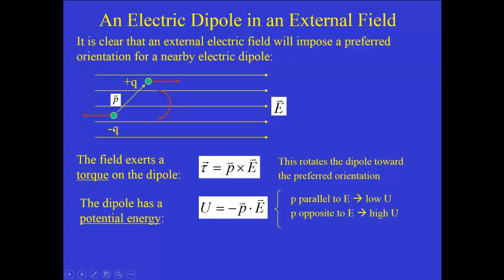And so as those dipoles flop back and forth, they're losing some of the energy that they have to the water molecules themselves. That manifests itself in the form of heat, and so the temperature of the system rises. So understanding the physics of dipoles in the presence of electric fields has important practical applications.